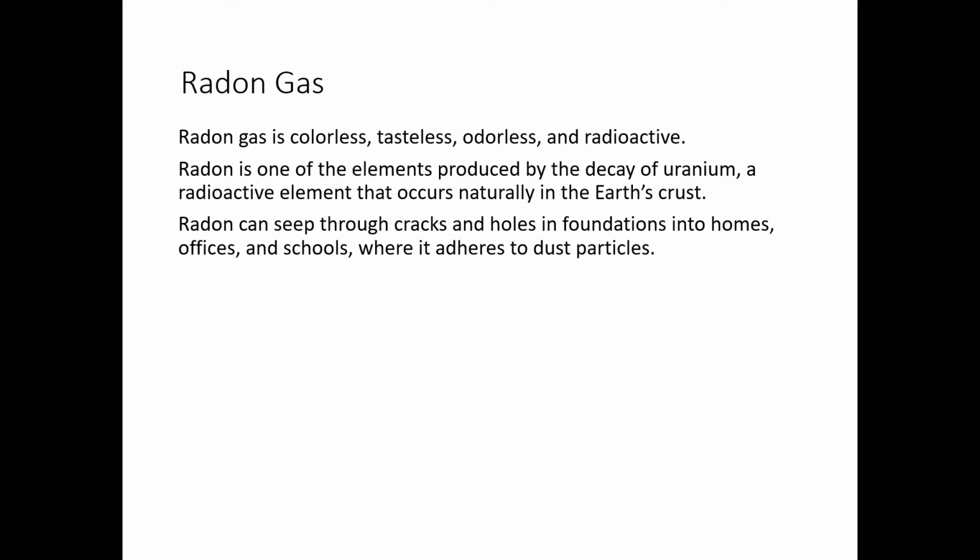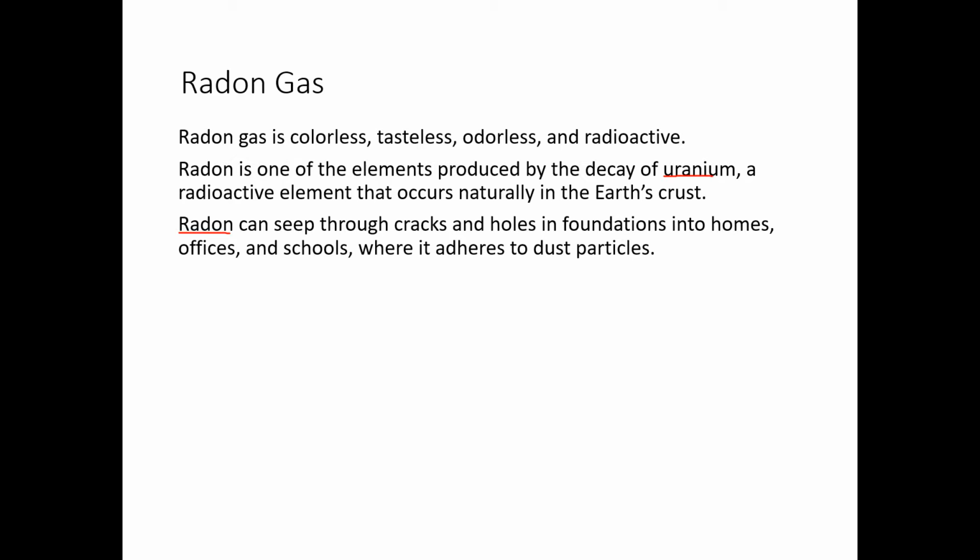Radon gas. This is another kind of indoor air pollution, and it's an example of a naturally occurring air pollution. Radon is an element that occurs naturally in the earth, produced by the radioactive decay of uranium.